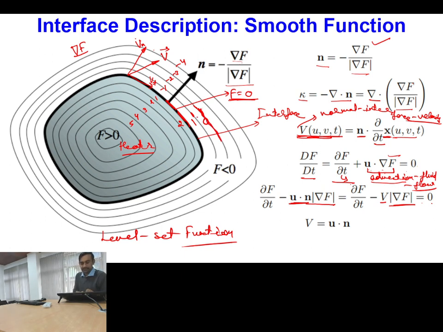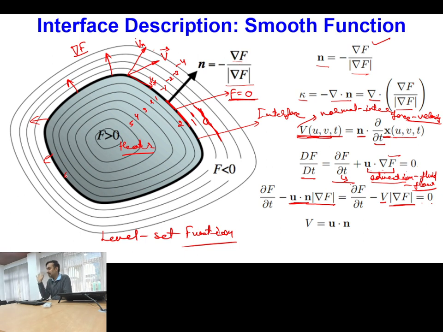And while it is changing from this point to this point, it is not always necessary that all the lines move the same parallel distance in the same amount of time. Depending upon the magnitude of the normal velocities at different locations, their movement can be different. So the evolution of this function can even lead to a change in shape of the fluid entity.